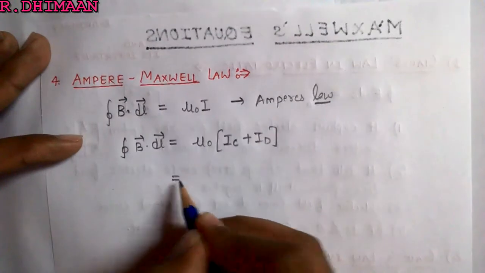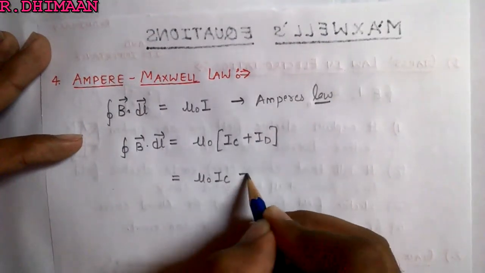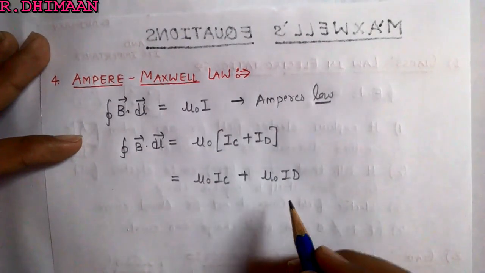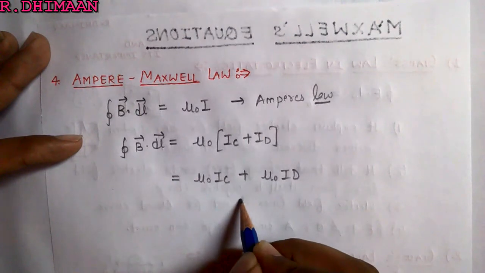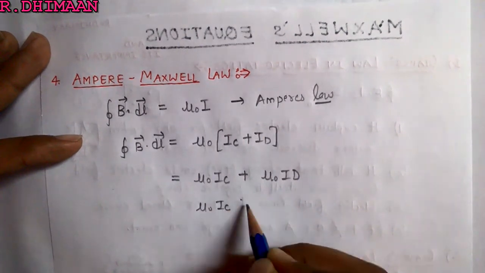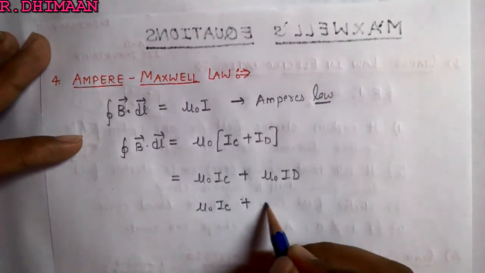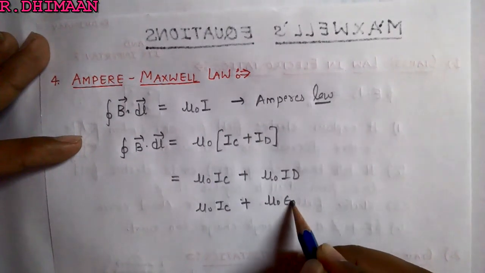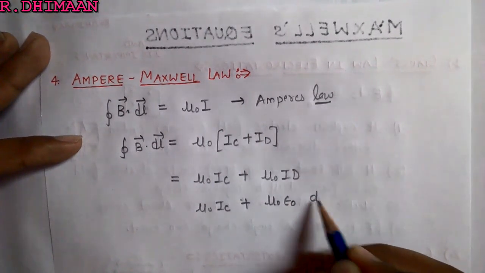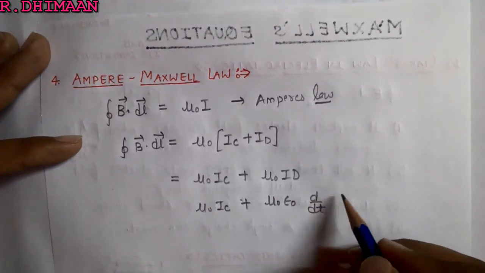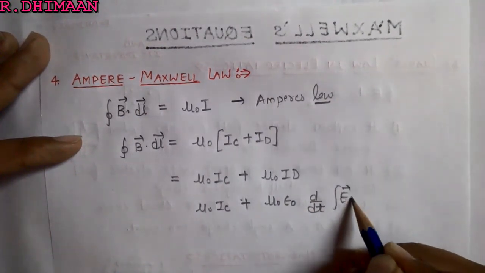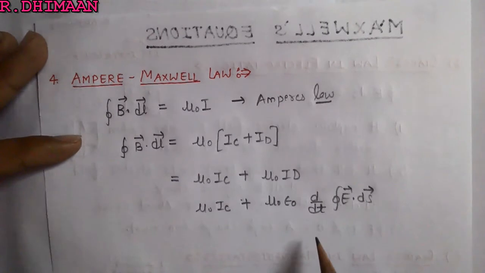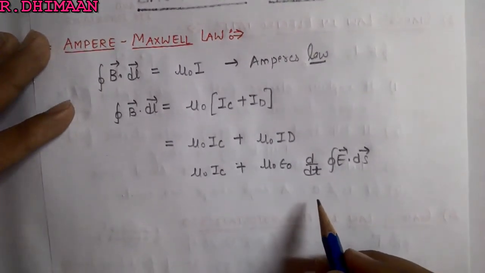And this equation is written like this: mu naught ID, and this will be something like this: d by dt of rate of change of electric flux.